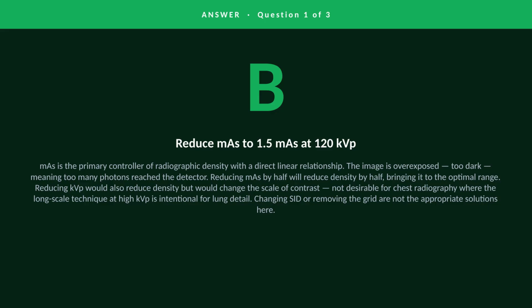Overexposed, meaning too many photons reach the detector. Halving mAs halves density, bringing it to the optimal range. Reducing kVp would also reduce density but would change the scale of contrast, not desirable for chest radiography where the high kVp long scale technique is intentionally chosen for lung and mediastinal detail.